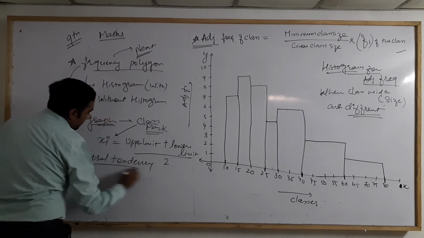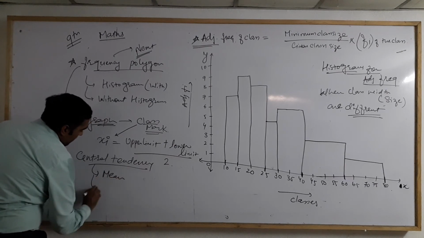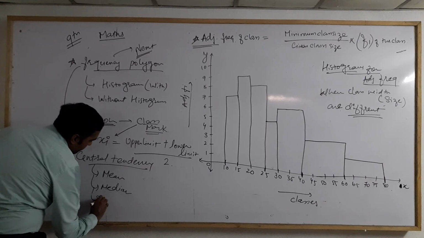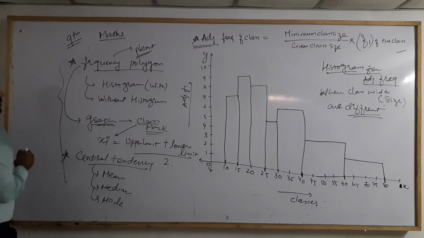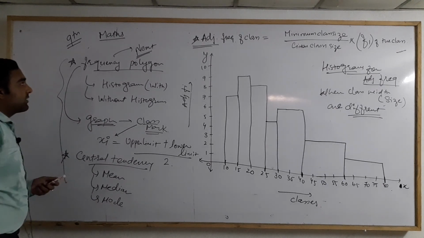Okay, what is central tendency? A combination of mean, median and mode. Okay, all these things we will learn in the next lecture.